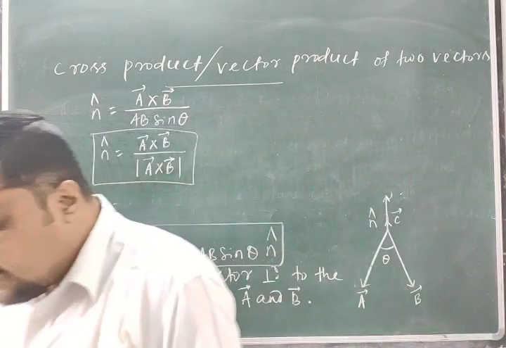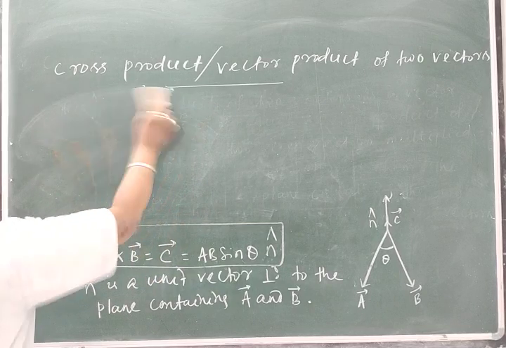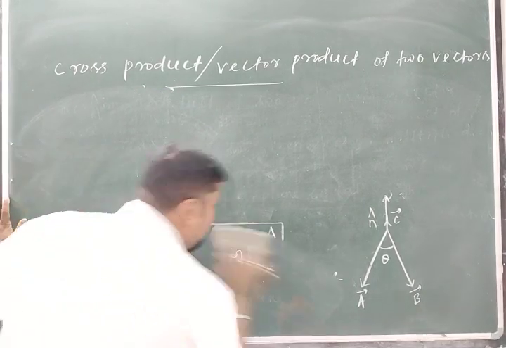So this is the cross product of two vectors.